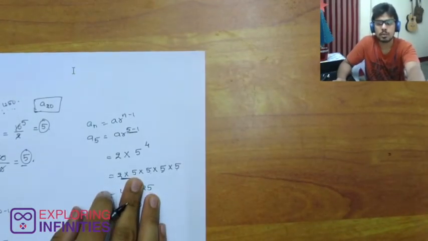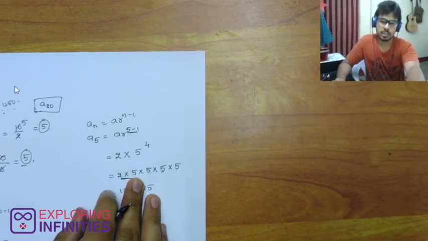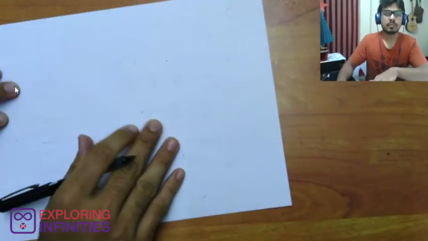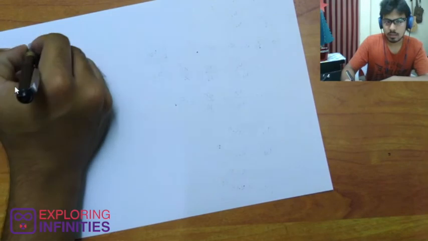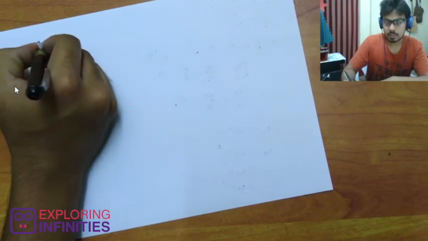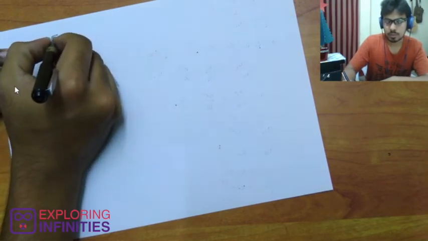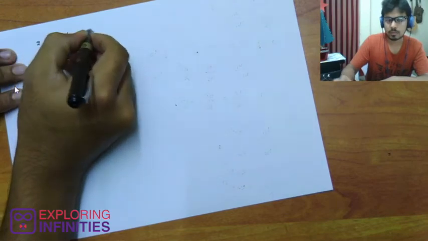Let's also solve one last example from your textbook and we'll say goodbye to progressions. The question goes like this, in question 21. There is a GP given. The GP is 2, 2 root 2, 4 and so on.